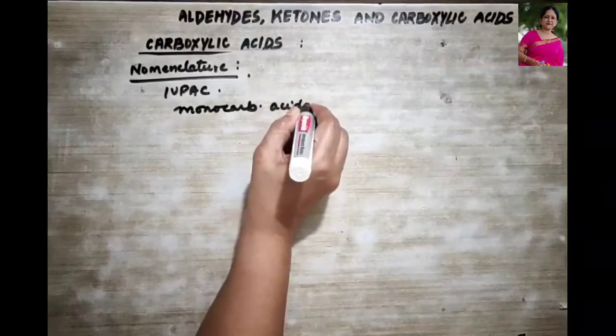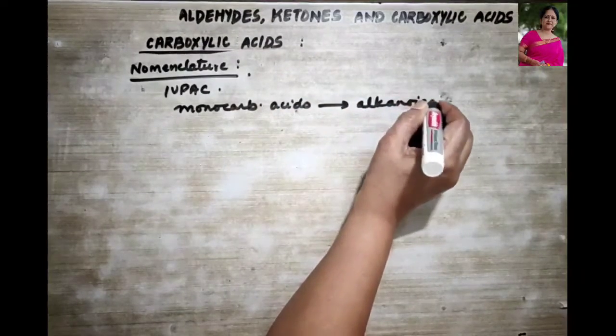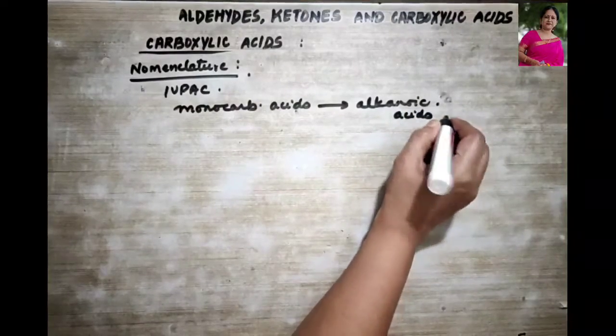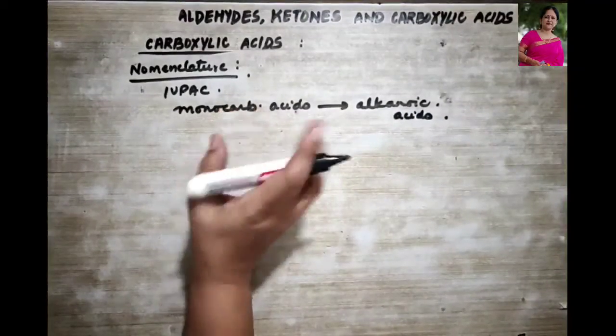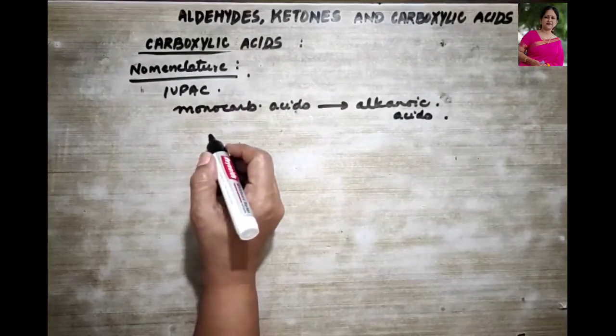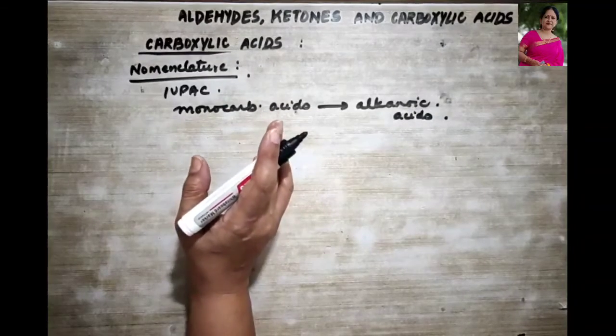Monocarboxylic acids, what are they known as? Alkanoic acids. And how do we name them? If there is a parent alkane, then you remove the E from there and you add OIC to it.